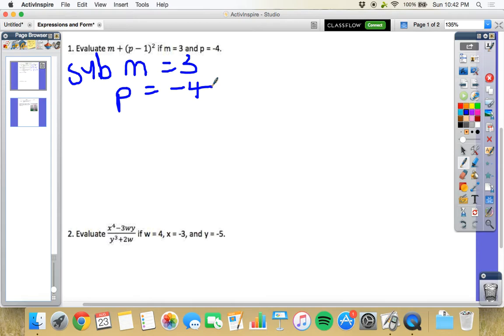I'm going to take the expression and substitute 3 where I see m. So now it's 3 plus, and then instead of p, I'm going to have negative 4, minus 1, and all of that is squared. Now we just evaluate using order of operations. We'll start with inside the parentheses. So negative 4 minus 1 would be negative 5.